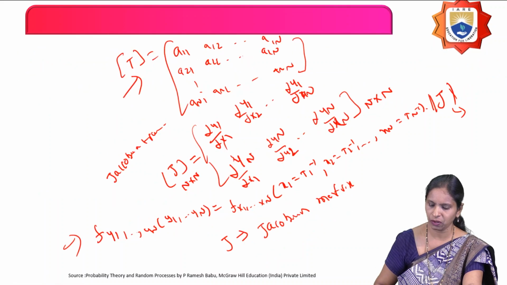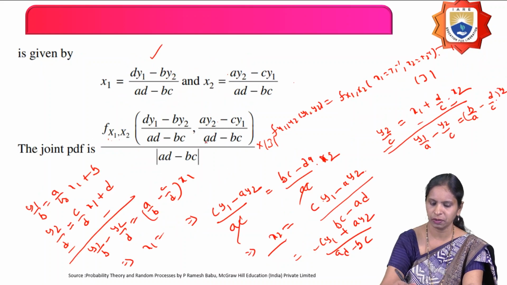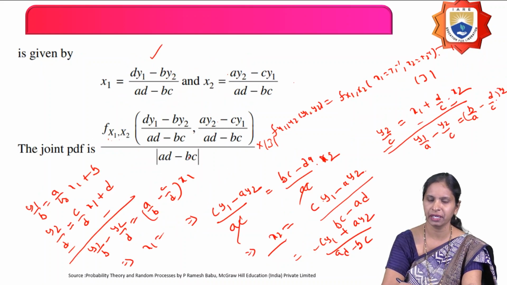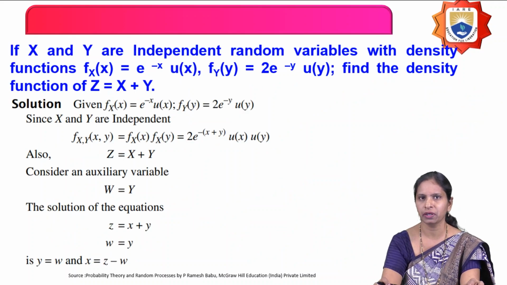So into 1 by mod J, which is 1 by (ad minus bc), the determinant of the matrix. So like that, you can transform n number of random variables into new random variables so that you can find out the density function of the transformed random variables.